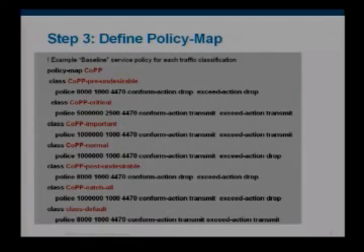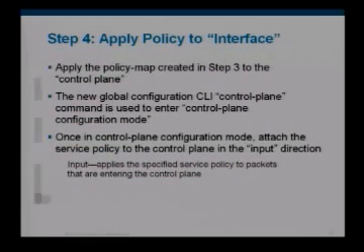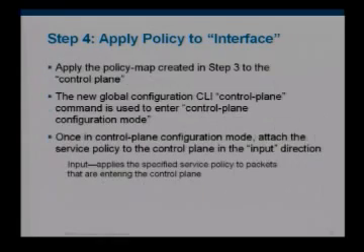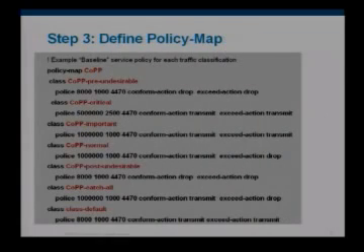And this whole thing is under one single policy map, which we can call anything, ABC. This policy will be applied to the control plane interface. Remember, this word COPP comes from here, the policy map COPP.